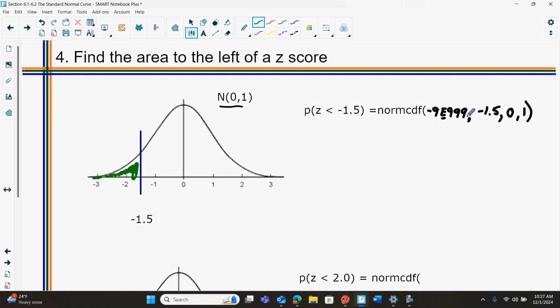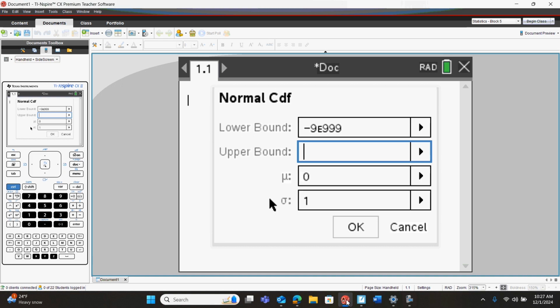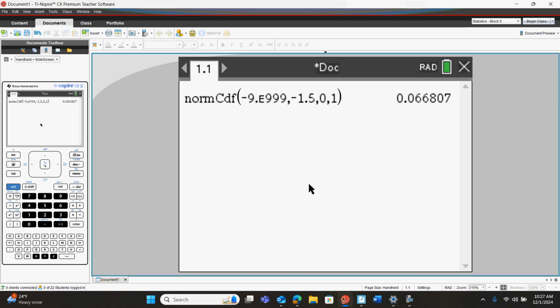Anyway, so this is what I want to see: the norm CDF, all four values, just like when we did binomial distributions. Let's go back to my calculator and type that in. Negative 1.5 is our upper bound, and we'll leave those two alone. And it spits out 0.066807.